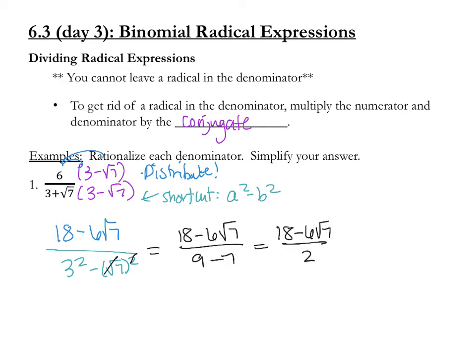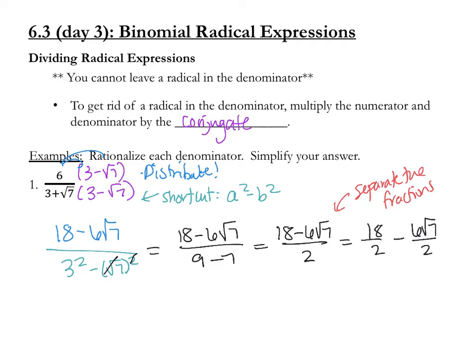Your last step is to simplify this. To simplify this, I want you to separate the fractions. That is the fastest way to simplify it, and the way that I know that you're going to do it correctly. So it's going to be 18 divided by 2 and negative 6 radical 7 divided by 2.